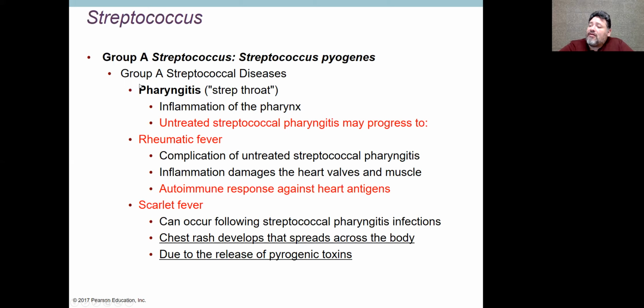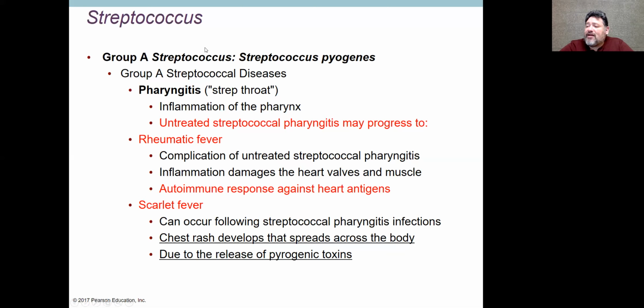So what do we need to know? Well, if it goes to the pharynx and it causes inflammation or pharyngitis, strep throat, okay, not only does it inflame the pharynx, but if it's not resolved quickly, it can reach the heart or the rest of the body. If it reaches the heart, it can induce rheumatic fever, okay?